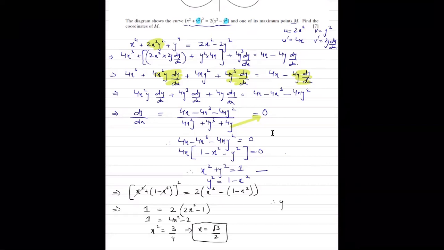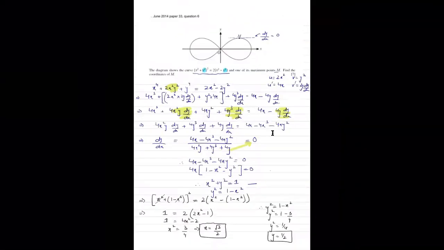So when x is root 3 upon 2, we are going to find the value of y. y square was equal to 1 minus x square. If x square is 3 upon 4, y square is going to be 1 minus 3 upon 4, that is 1 upon 4. And y is going to be plus minus 1 upon 2, but because M will have a positive x coordinate and positive y coordinate, I'm going to take positive 1 upon 2.